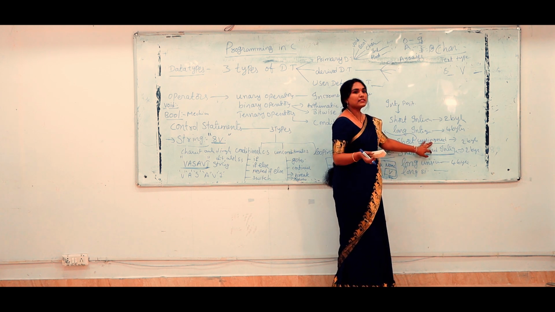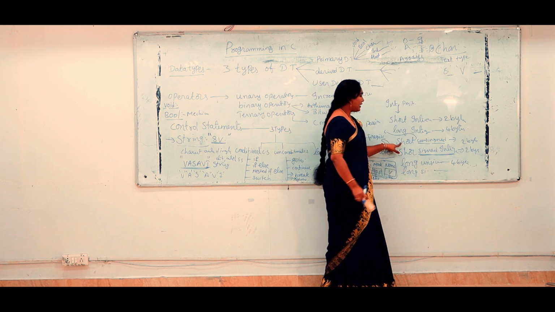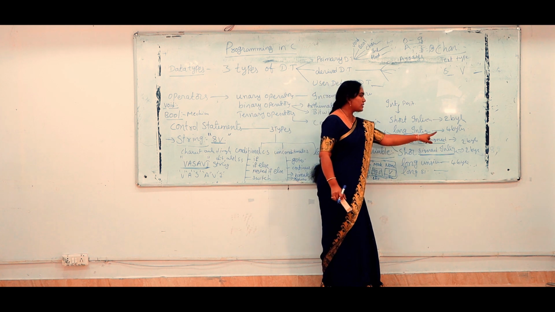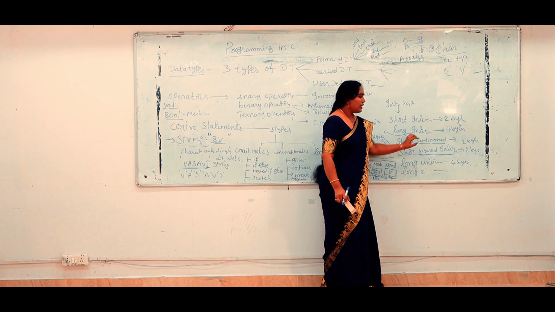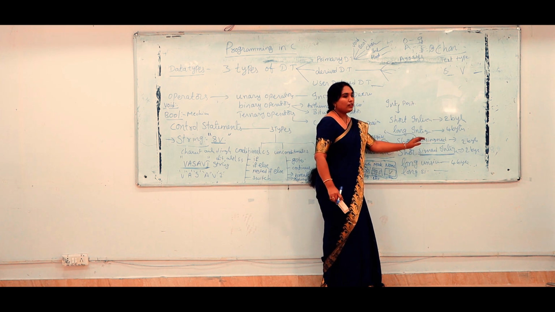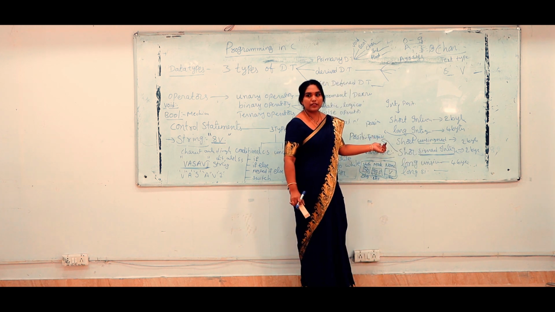And depending on the size, there are 2 types: the short integer and the long integer. A short integer always occupies 2 bytes of memory. A long integer occupies 4 bytes of memory. Short unsigned means it has only positive values. Short signed means it has positive as well as negative values.